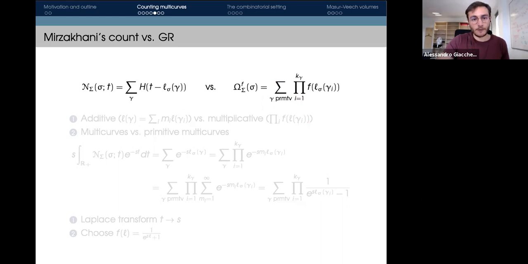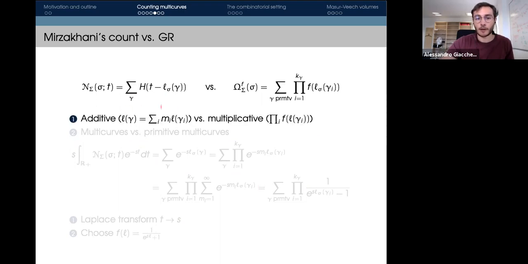I can write the left-hand side in this way using the Heaviside theta function. So h is the Heaviside theta function, and you can see that this counting here is basically just this sum. You sum over all multicurves, and then you take this indicator function that's Heaviside. And you can see that in this way they're kind of similar, but there are two main problems.